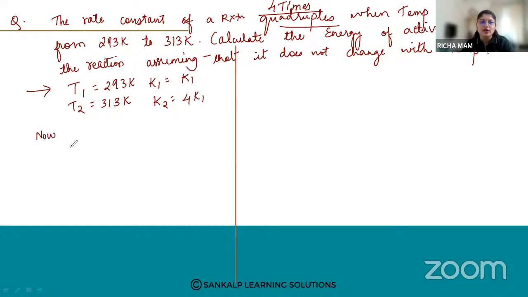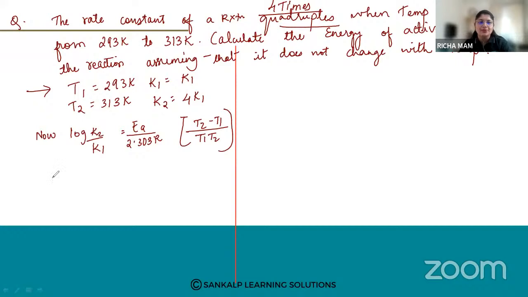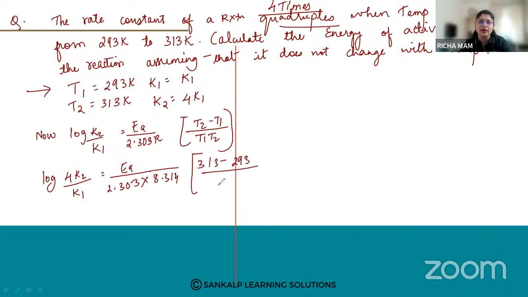Now what we know is that log of K2 by K1 is equal to EA by 2.303 R, into T2 minus T1 by T1 T2. Okay, fine. Now, what is K2? Log of 4 times K1 by K1 is equal to EA by 2.303 into R, which is 8.314, into 313 minus 293 by 313 into 293.